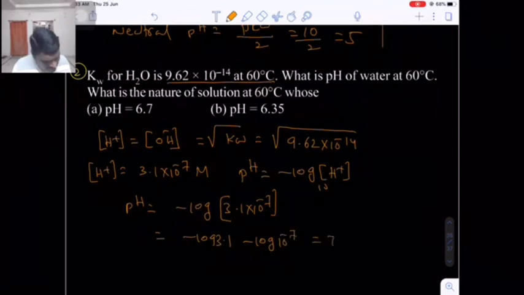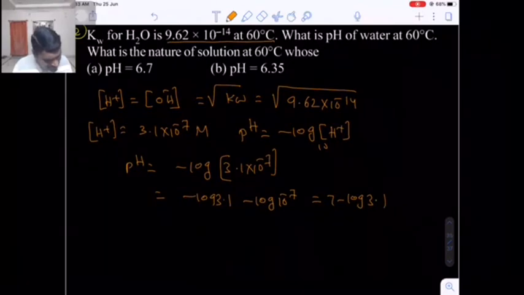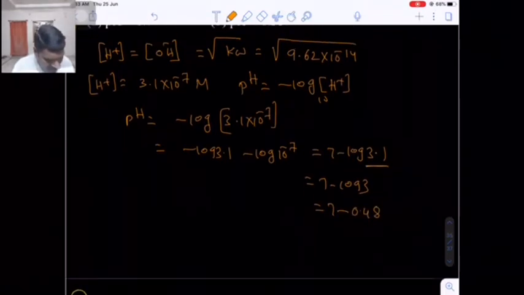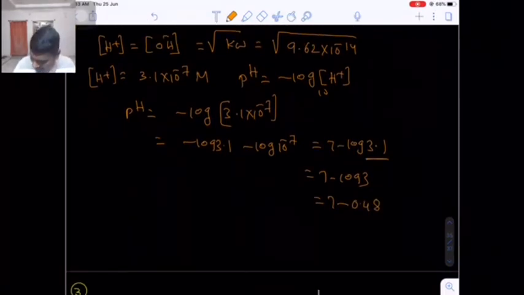Here I am writing 7 minus log of 3.1. So approximately if you want to take this 3.1 as a 3, then 7 minus log 3. Log 3 value you know, 0.4771, approximately 0.48. Now you will get the pH value approximately 6.52. Approximately, not exactly, 6.52.